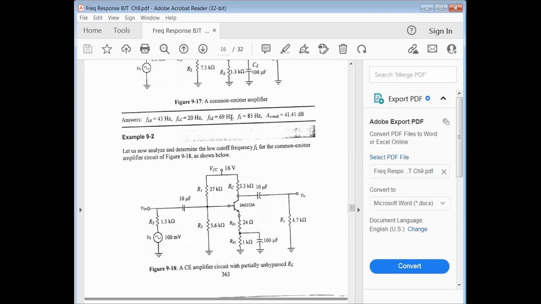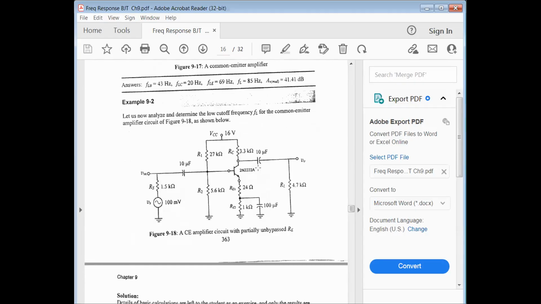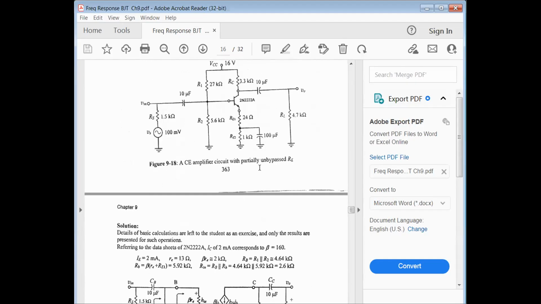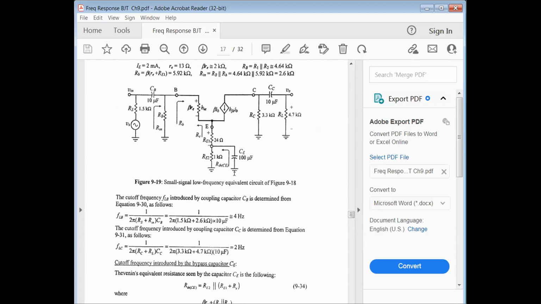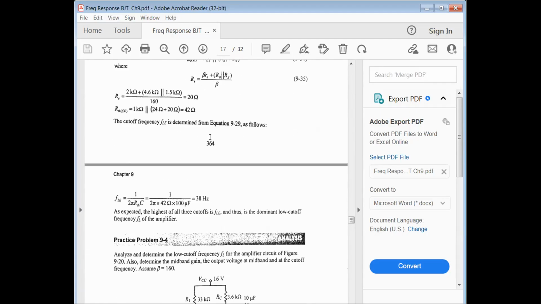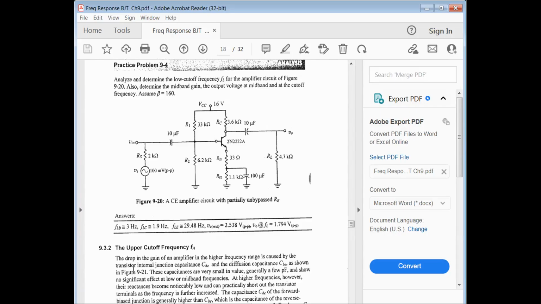It will make your FLE lower in frequency, which will in effect increase the bandwidth of your amplifier, but it'll lower your mid-band gain. So here's an example of how to work a problem with not all of the emitter resistance bypassed, and here's the practice problem, 9-4, for you to do.